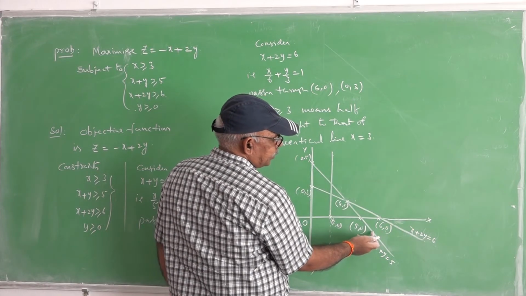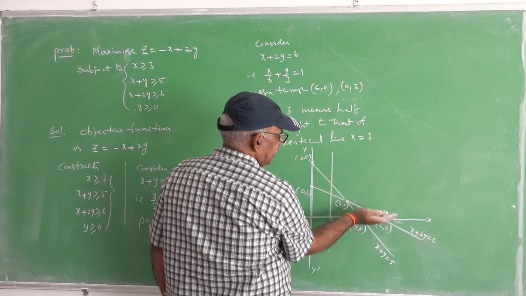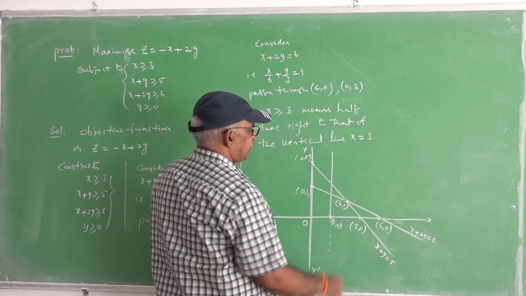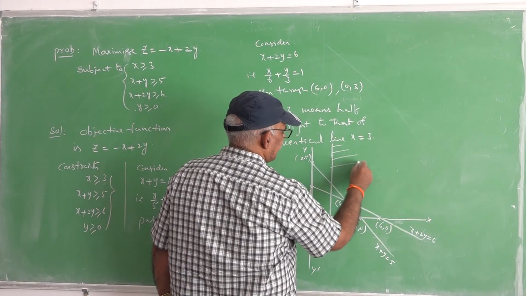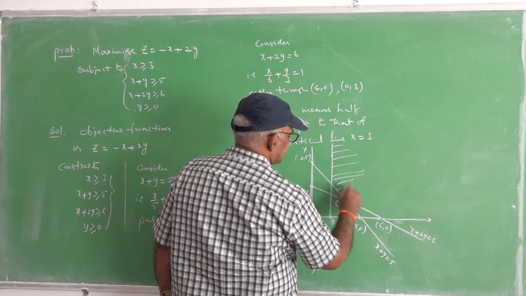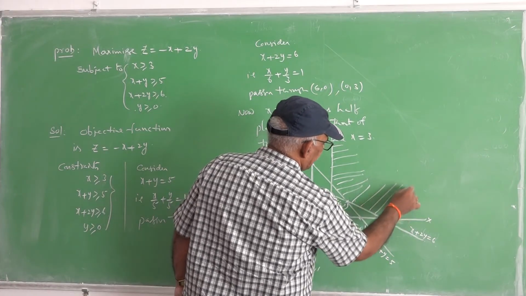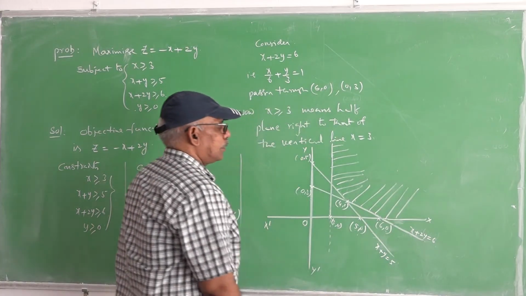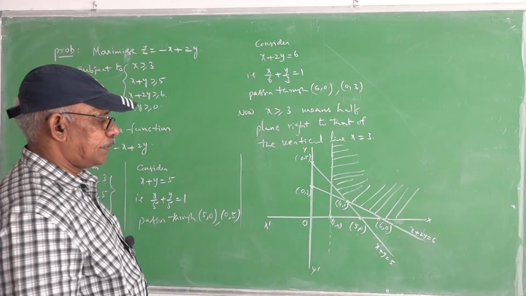So the required region is above this line and above this line and right of the line x equal to 3 and above the x-axis. That means the required region is this. This is the feasible region, an unbounded region.